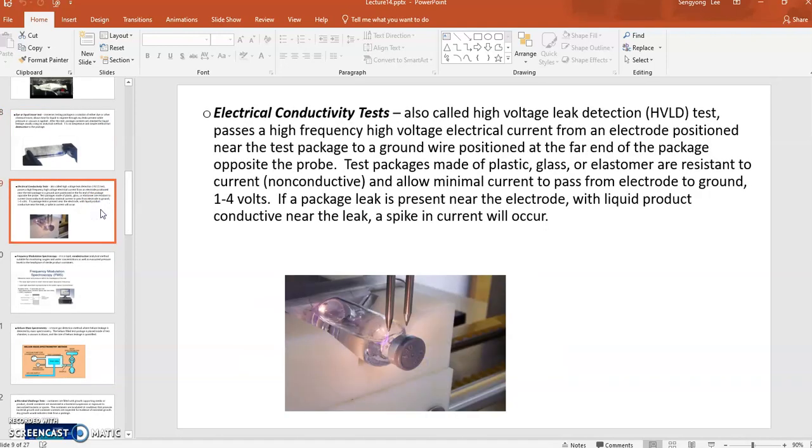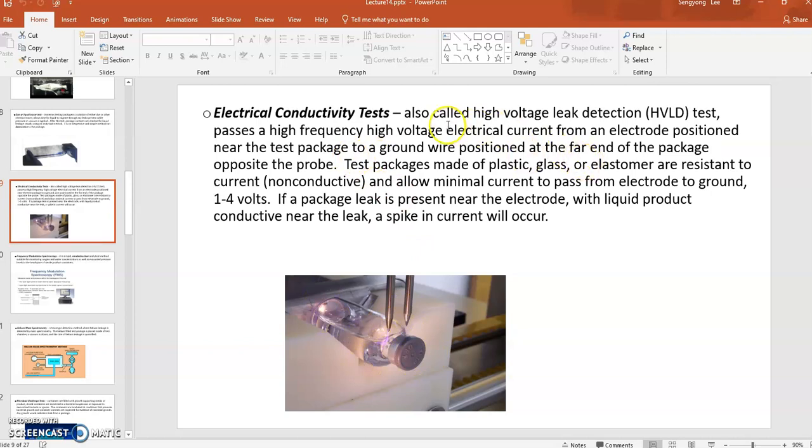Another test is a non-destructive test called the electrical conductivity test. You see the vial that's sealed with the rubber stopper and then crimped, right? If that vial is leaking liquid content outside, the conductivity will change when electric current is measured. That's how this conductivity test works.